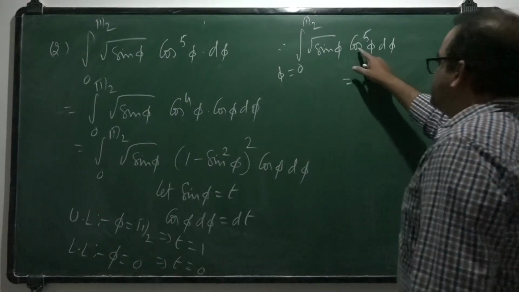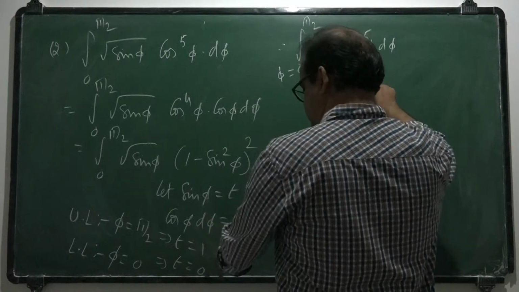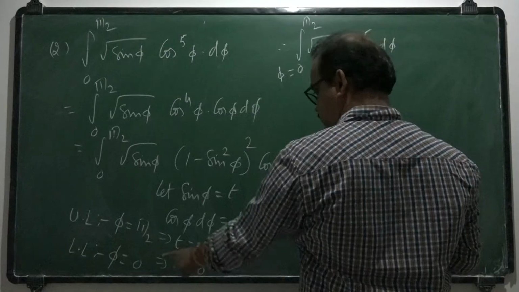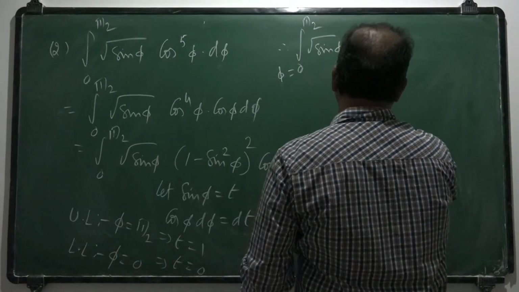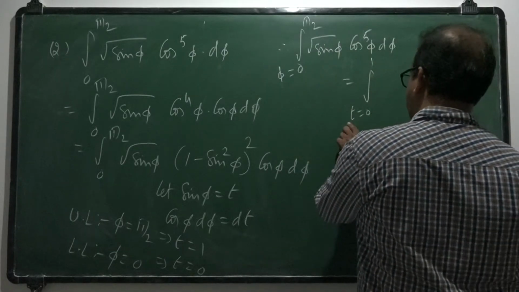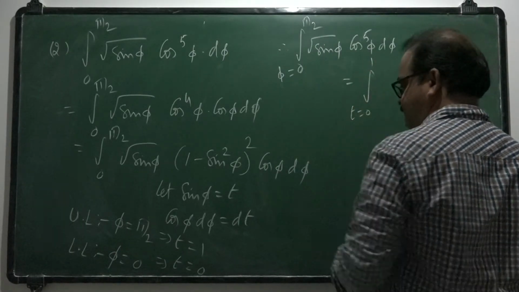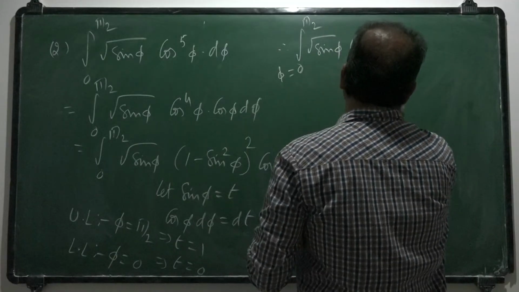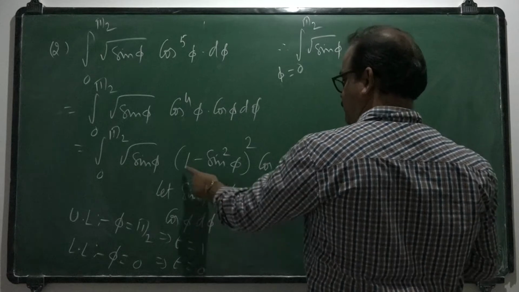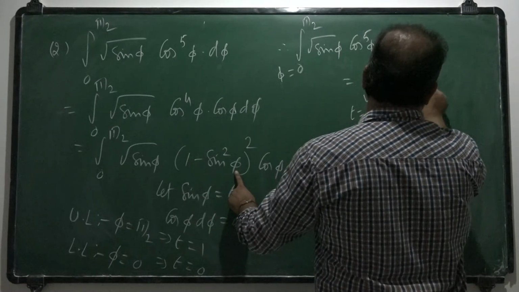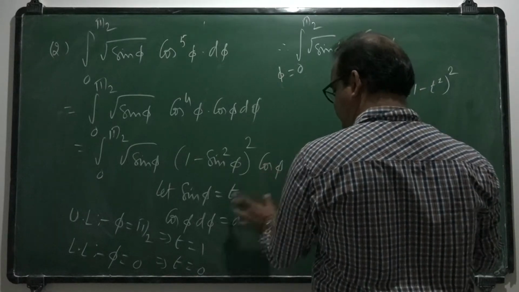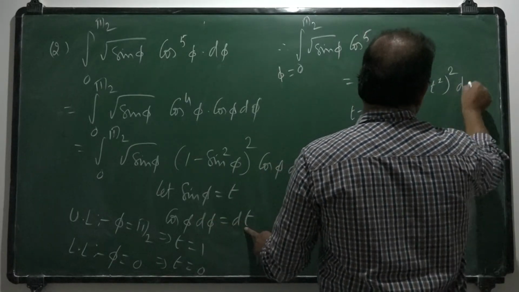If you want to change in terms of t, then you must write the limits of t. What is lower limit? t is equal to 0. What is upper limit? t is equal to 1. So t varies from 0 to 1. Root of sin phi, sin phi is t, into 1 minus sin square, 1 minus t square whole square, into cos phi into d phi, that is dt.